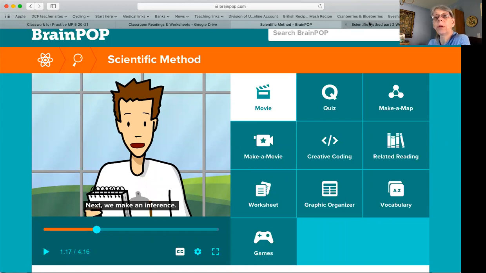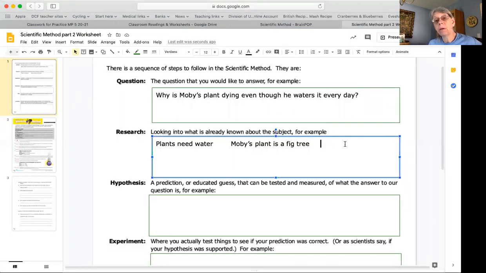Okay, so this is what we know specifically about Moby's plant. Let's try to format this a little differently here. Okay, leaves are brown and falling off.